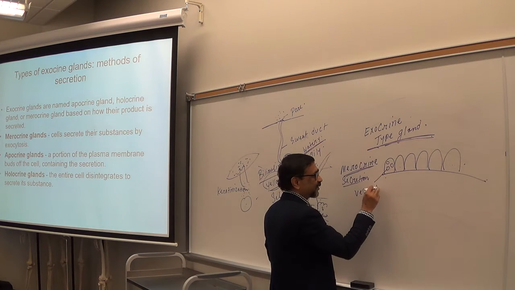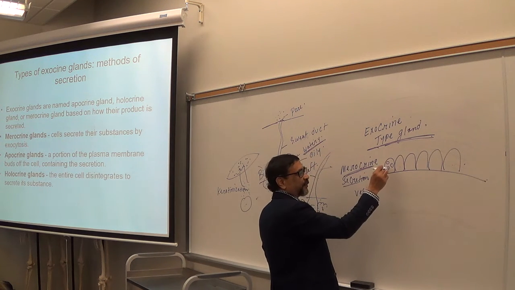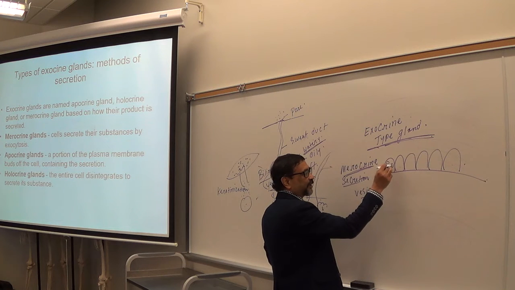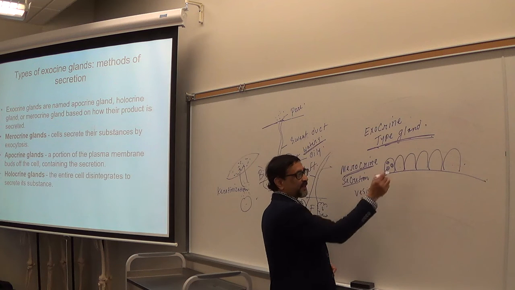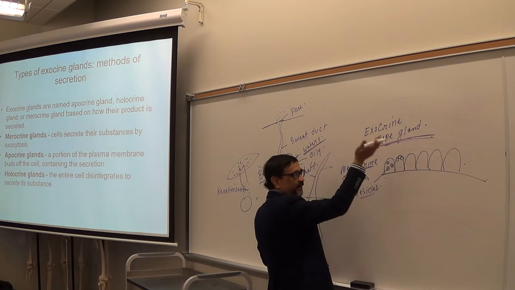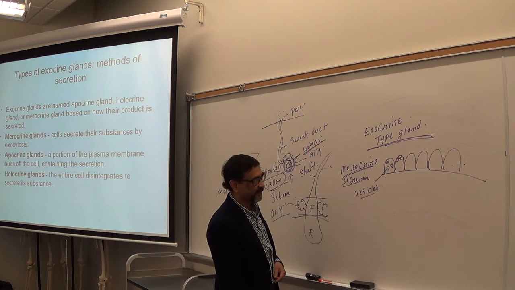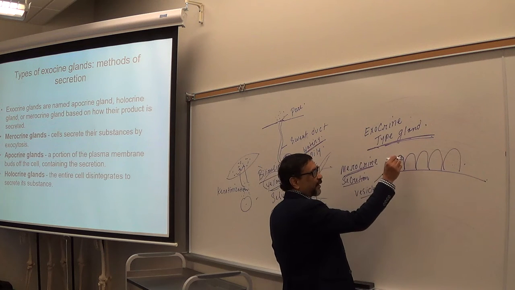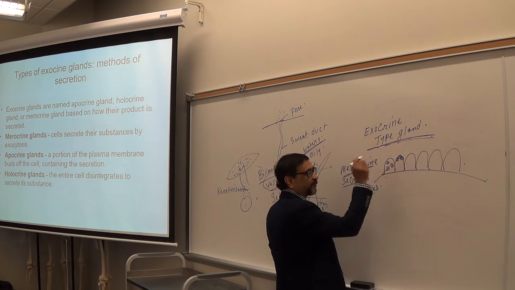You know vesicles. And these vesicles get filled with chemical. And then next what happens? These vesicles move to the apical end, the free end. You know that the apical end is the free end, the upper end. So they move to the apical end of these cells.